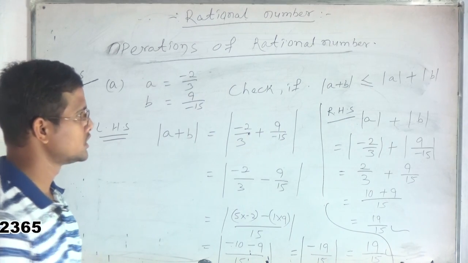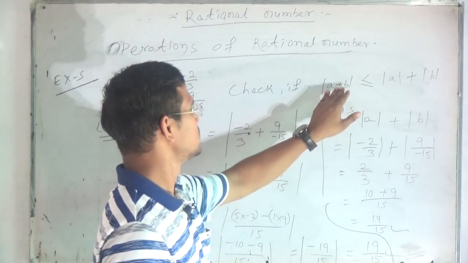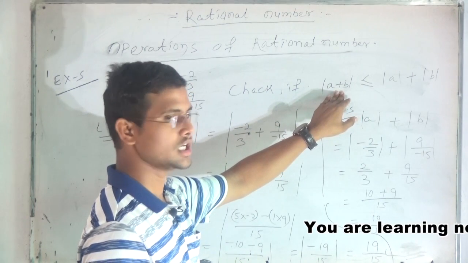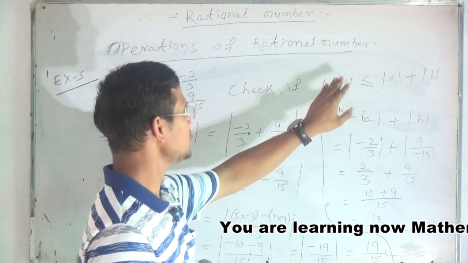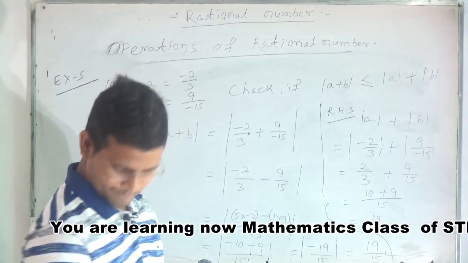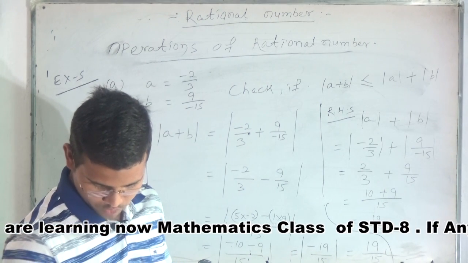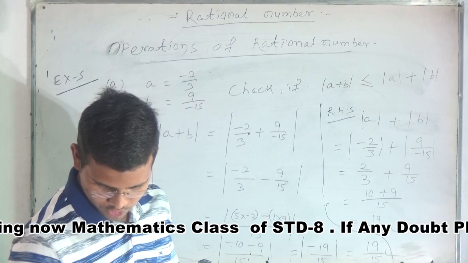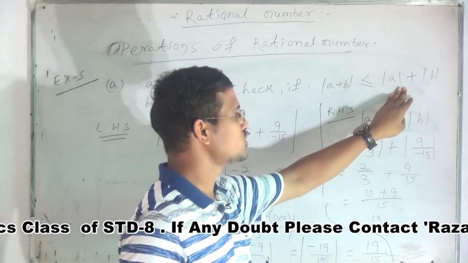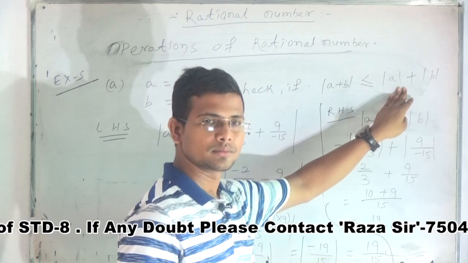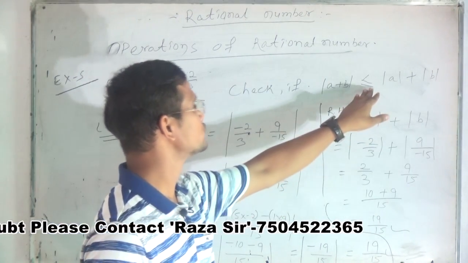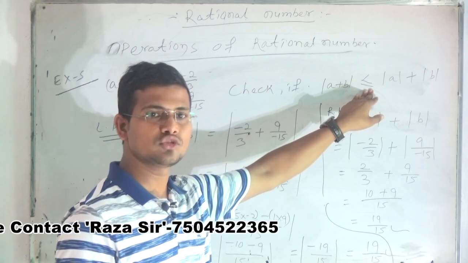That means our conclusion is that the absolute value of a plus b is equal to the absolute value of a plus the absolute value of b. Here we have to prove less than or equal to.